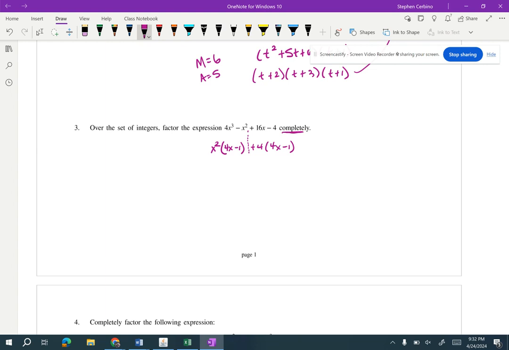Well, then I can combine with our common factor, so we have 4x minus 1, and we're left with x squared plus 4. And actually, at that point, we are done. It says over the set of integers, so we don't have to factor this last expression with imaginary numbers like we might have done in class, because it says integers. Integers don't include the complex numbers. So we're finished.